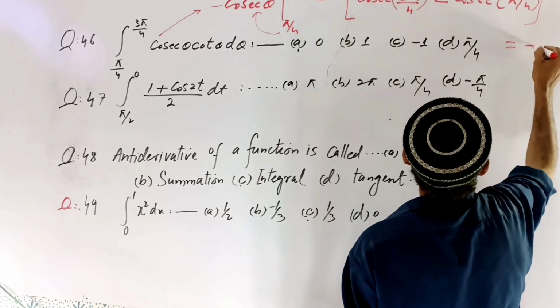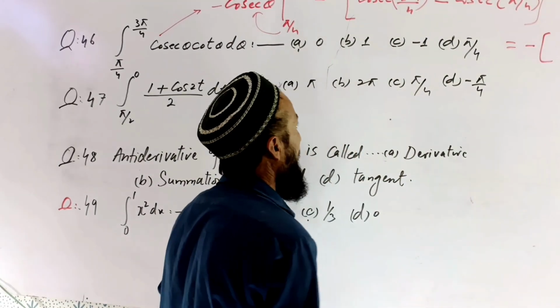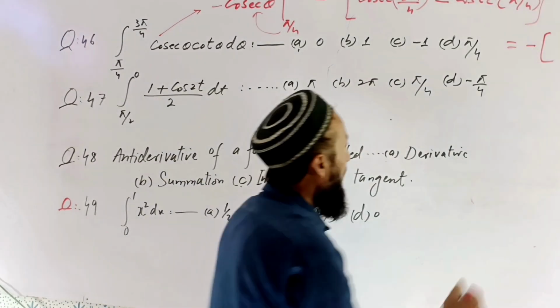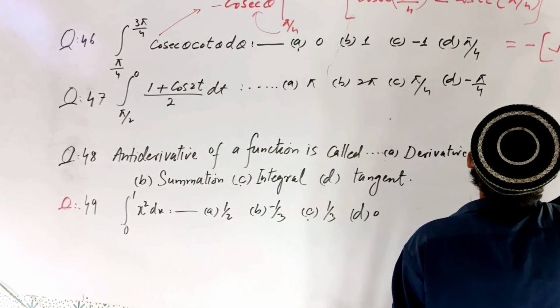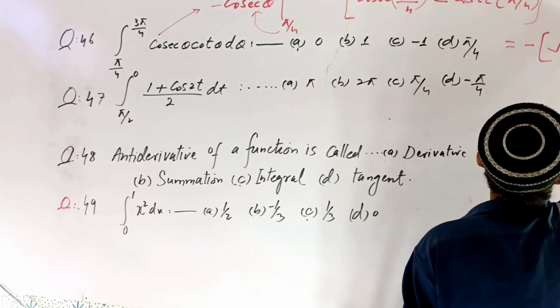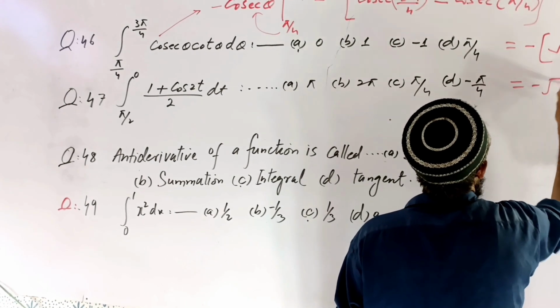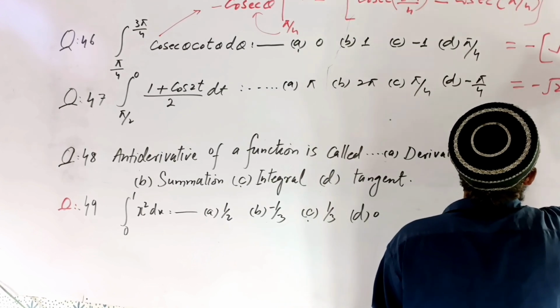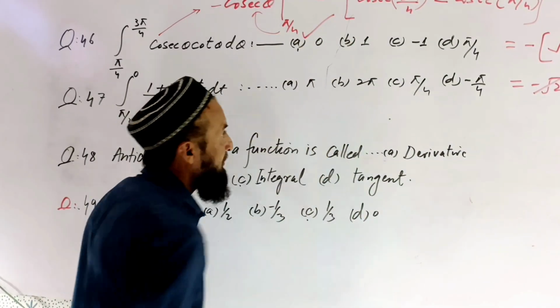So it is equal to minus, we get here cosecant 3 pi by 4. If we calculate 1 by sine 3 pi by 4, that is root 2. So that will be equal to root 2 minus cosecant pi by 4, which is root 2. So we write minus root 2 plus root 2. Both cancel. The result is 0. Option A is the correct option.